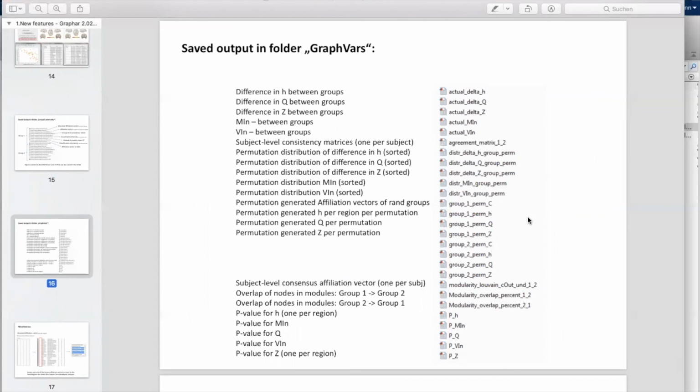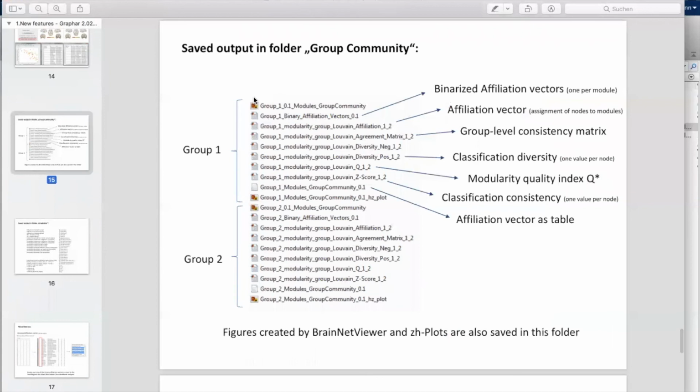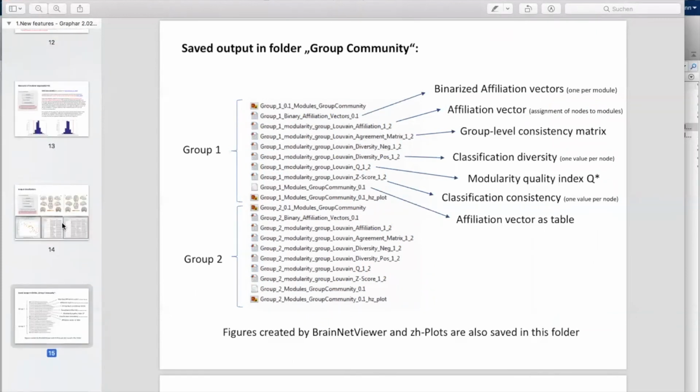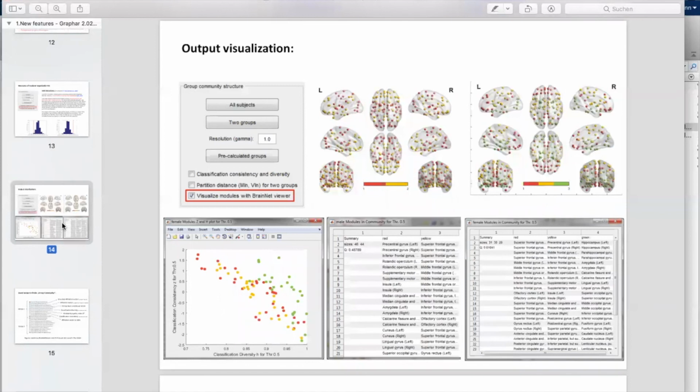At the bottom, you see the subject-specific affiliation vector that shows us the final first level solution, one modular solution per subject. Those are carried over to the second level, and the group level consistency matrices are built upon this, on which the final group affiliation vector is generated by running this algorithm again. Okay, so this is more or less everything that you can do with our group community panel.